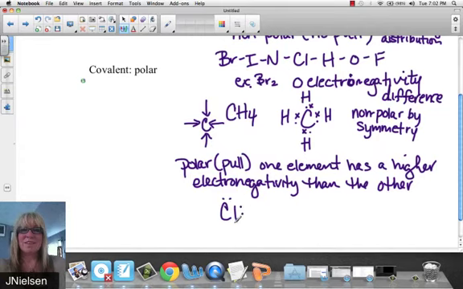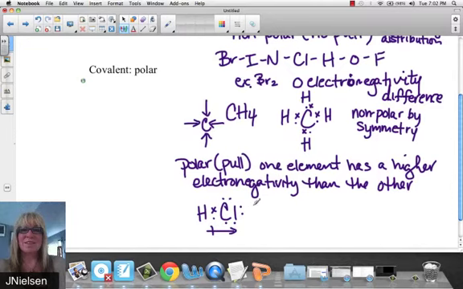So if I gave you an example of HCl, and we were to look up the electronegativity, you would see that Cl is higher. So we say that there is pull in this direction.